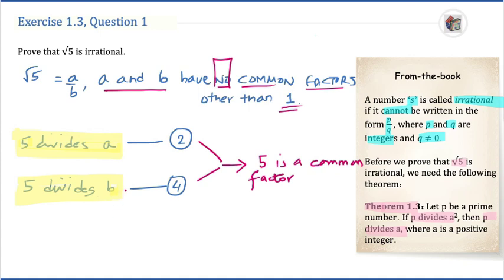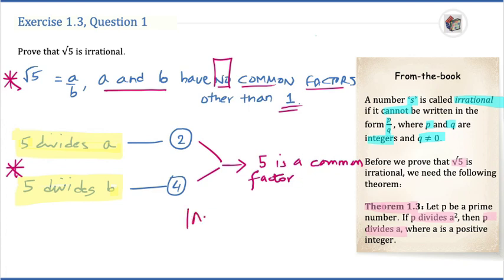Which means all of this that we are assuming is impossible, because what we started with is now proven wrong by what we were led to. So if our starting was correct, then everything on the way and every conclusion that we got should also have been correct.